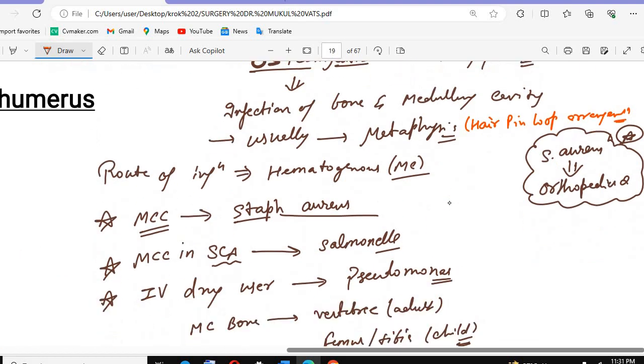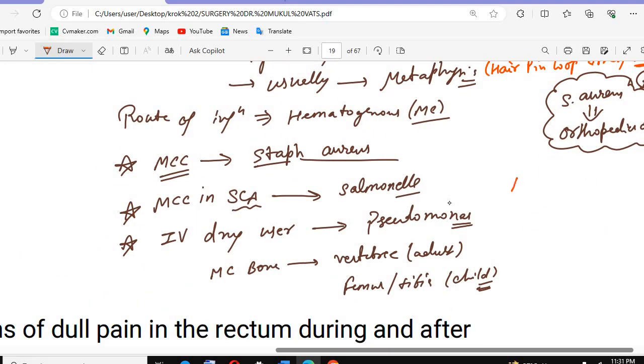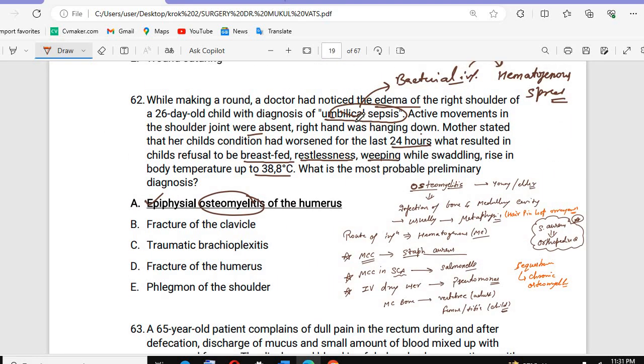And one thing I told you yesterday: if it is acute, there are sequestrums. Sequestrum is a feature of chronic osteomyelitis. That you need to remember.